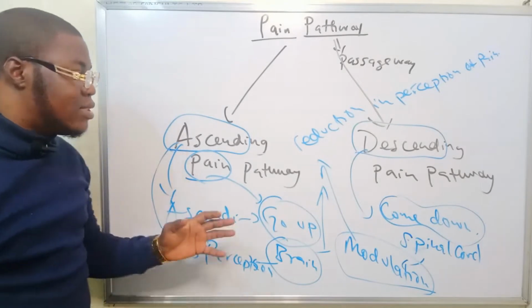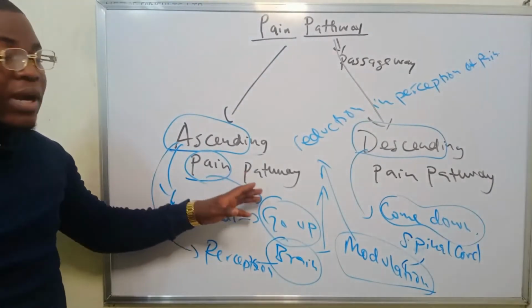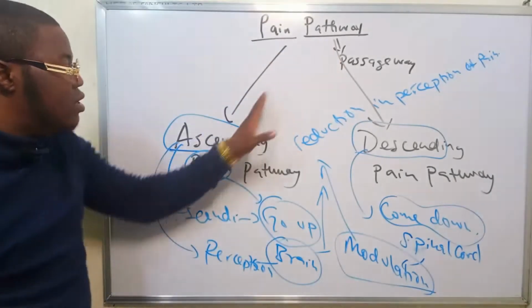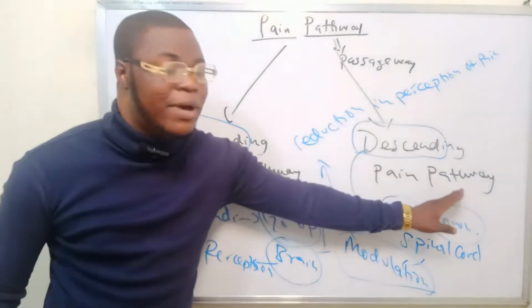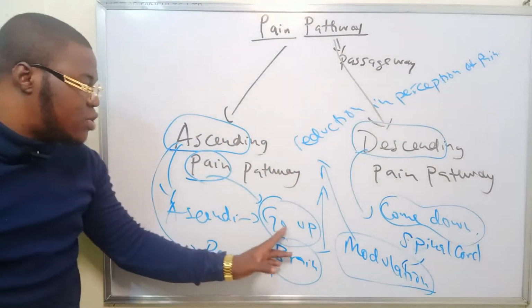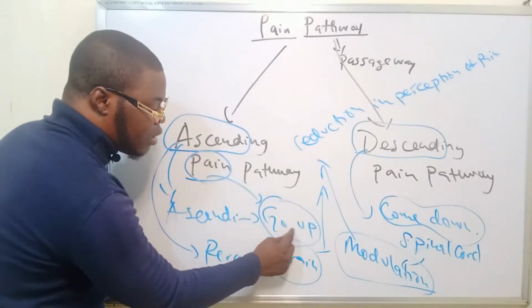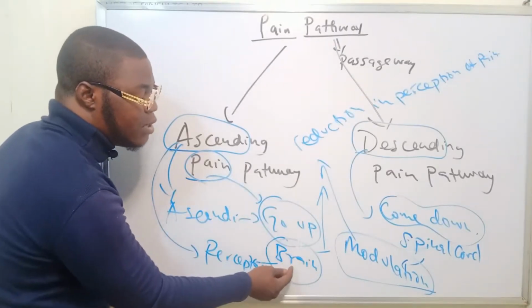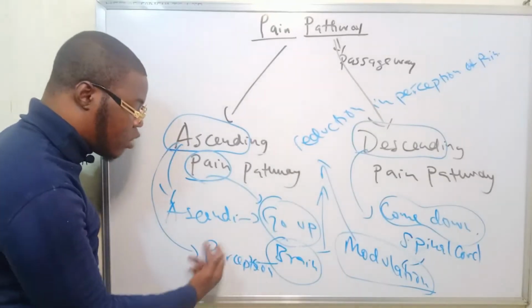Now, let's get into the thick med-surg, the anatomy and physiology. To recap, we said the pain pathway is divided into two: the ascending pathway and the descending pathway. Ascending is from the word ascendi, from French origin, and it means to go up. It means the pain goes upward to meet the brain, just to sense it, in a process called perception.